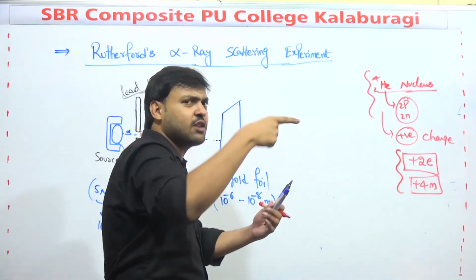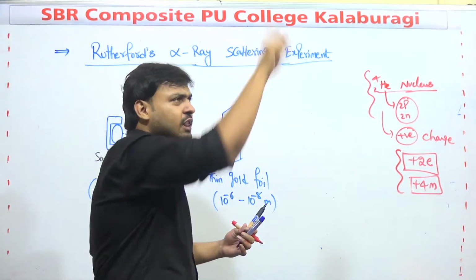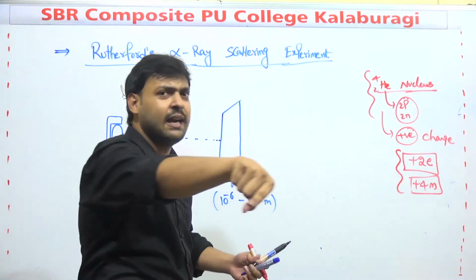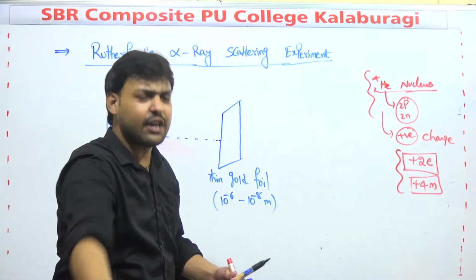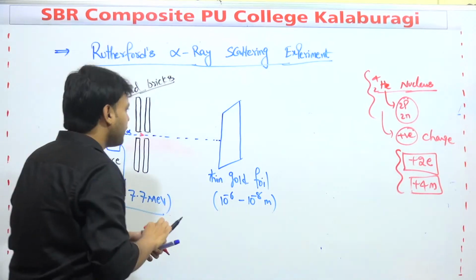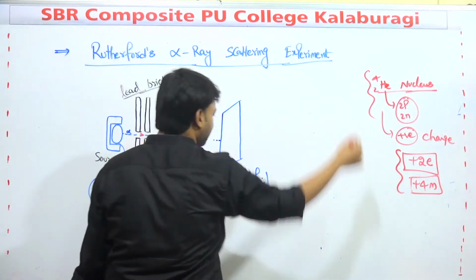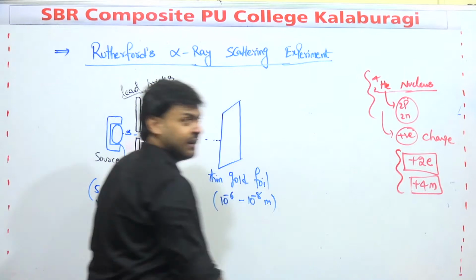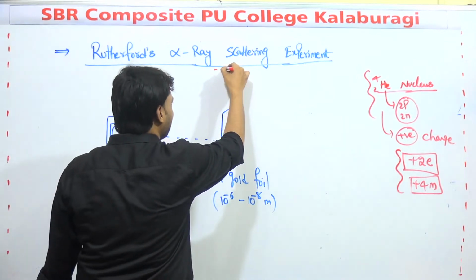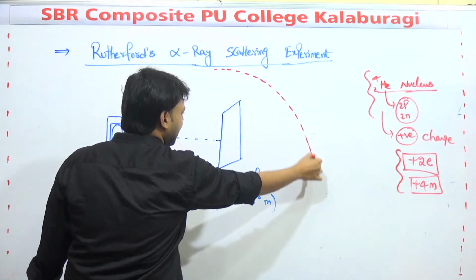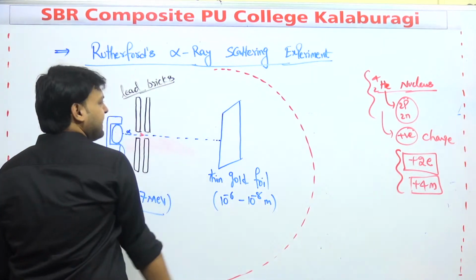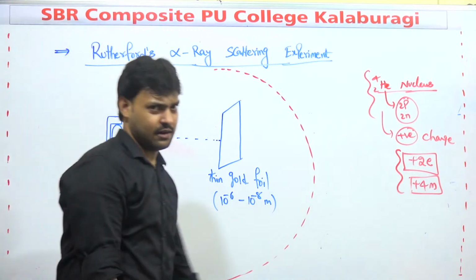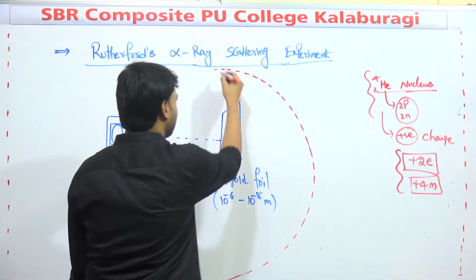What will happen? Positive, attractive or repulsive? Repulsive. So in all the directions these alpha particles will be deviated or not? Reflected or not? So to find the deflection, what to find? To find the deflection, he considered a circular screen.